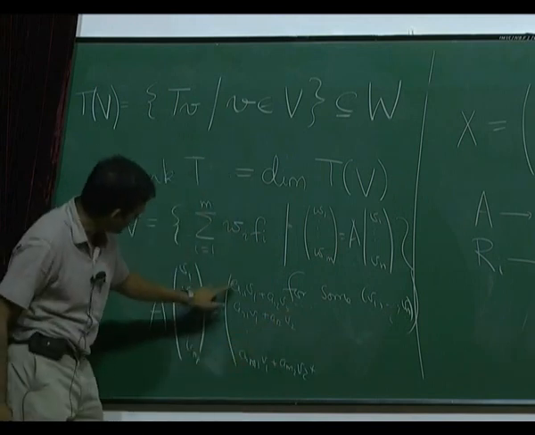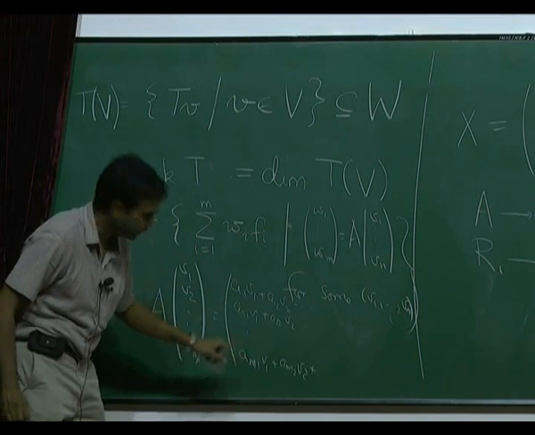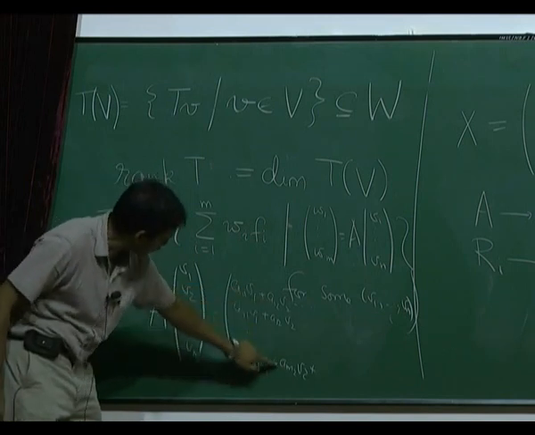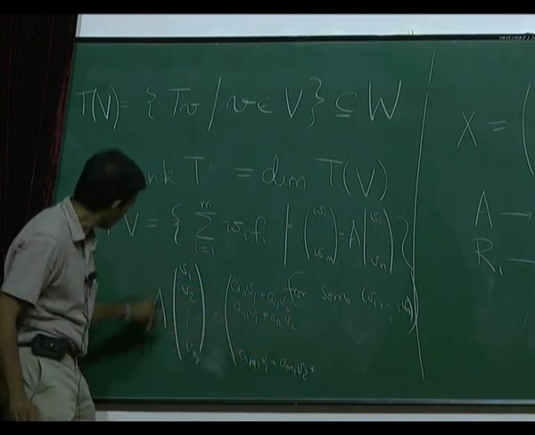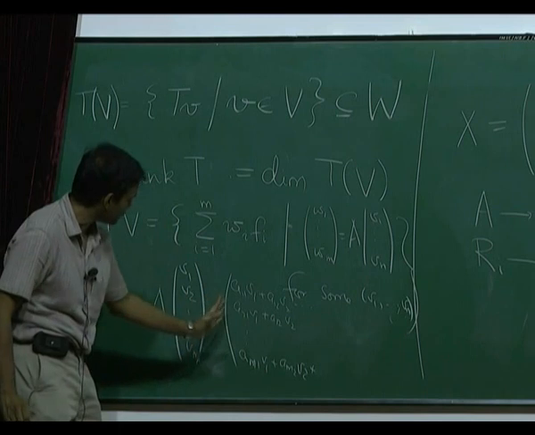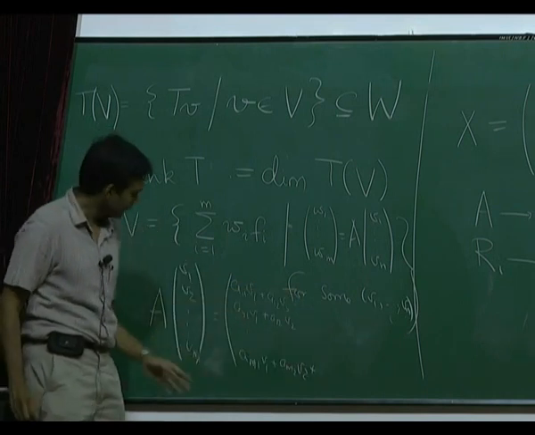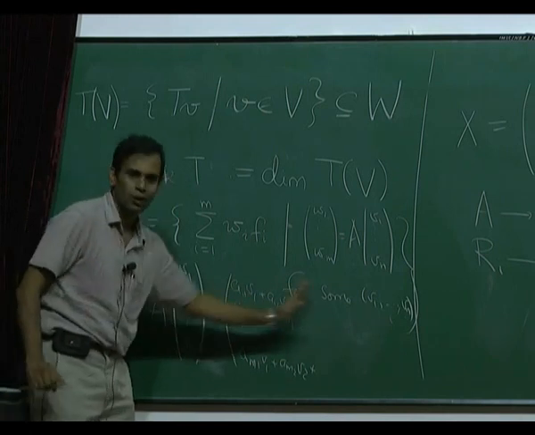Now you look at this a11, a21, ..., am1, this is the first column of A and it is multiplied by the scalar v1. This is the second column of A and it is multiplied by the scalar v2 and so on. So A times v is a linear combination of all the columns of A.